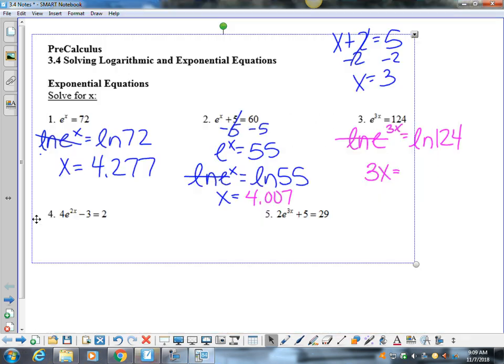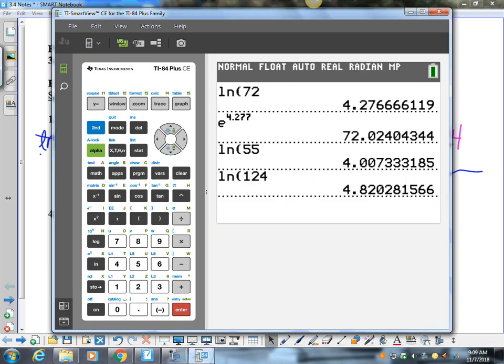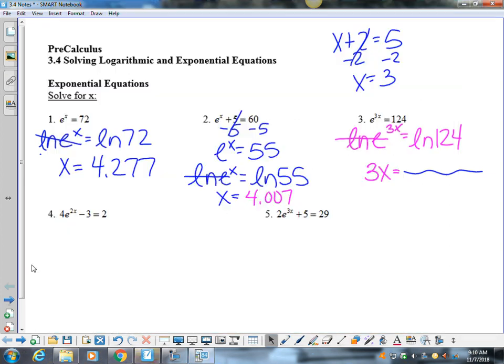Whatever that whole long decimal is, I'm just going to leave it in my calculator. I am not rounding at the second step from the end. I'm not going to round until the very end. So I'm taking that whole decimal right there, and I'm going to divide it by 3 instead of chopping decimals and then dividing by 3. Why wouldn't you divide by?